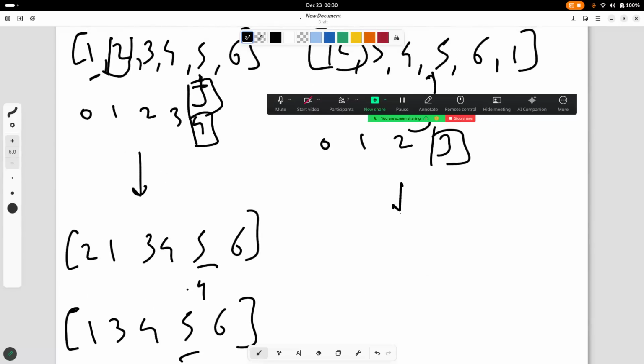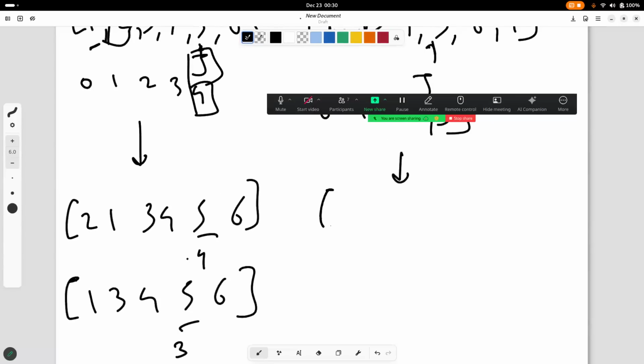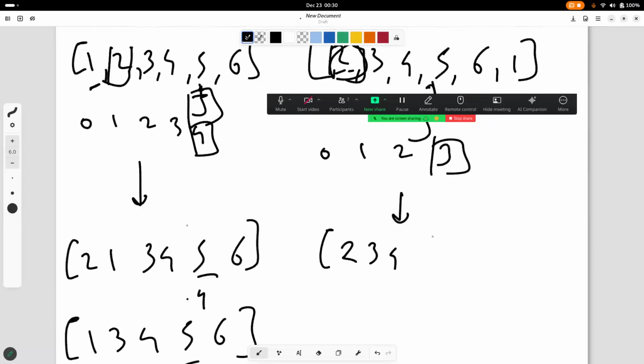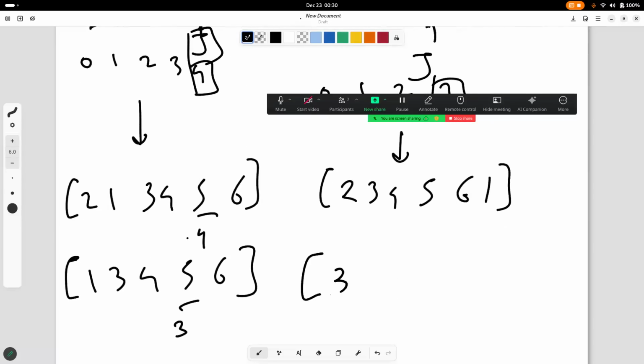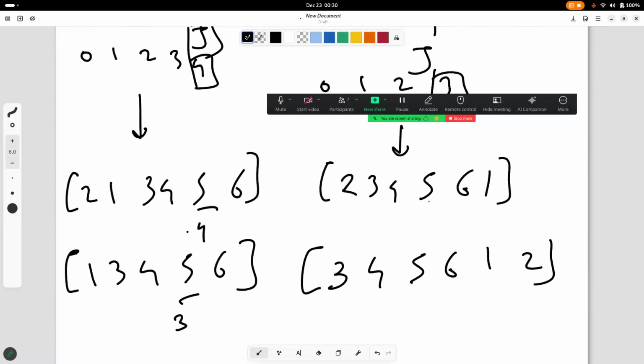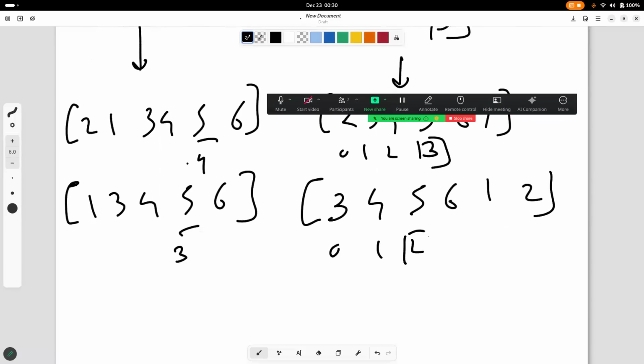And over here, once you operate on 2, this can remain as it is, 2, 3, 4, 5, 6, and 1. Or the 2 can go to the end of the array, that is 3, 4, 5, 6, 1, and 2. In this case the index would be 0, 1, 2, and 3, and in this case it would be 0, 1, and 2.